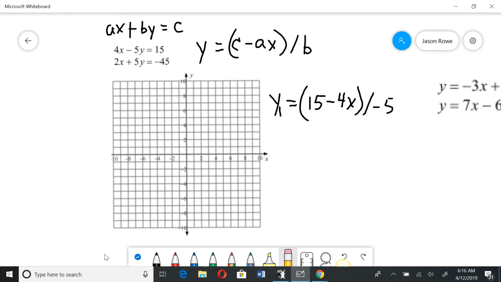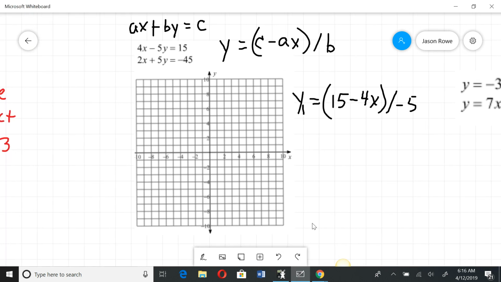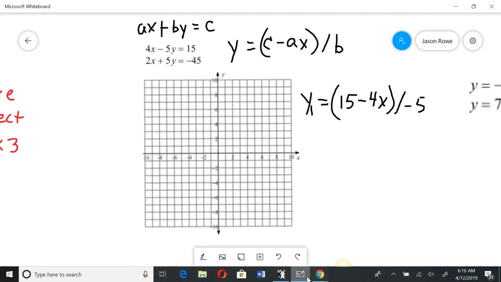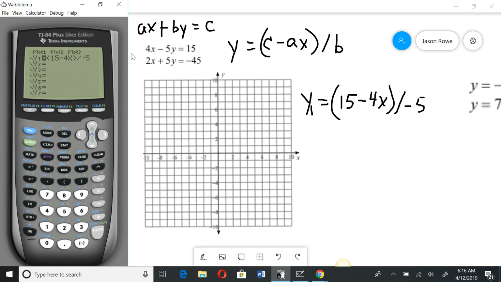Let me slide this back over so we can see how that looks. All right, so that's 15 minus whatever that is, 4x, close parenthesis, divide by whatever b is.